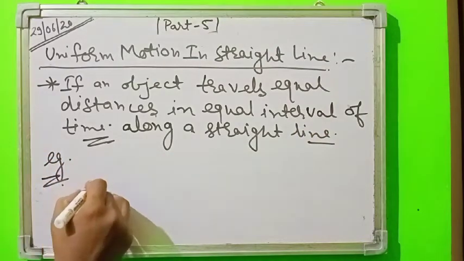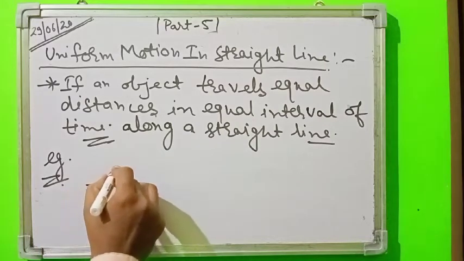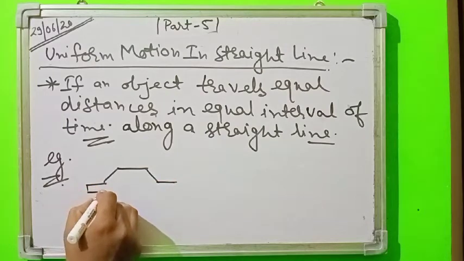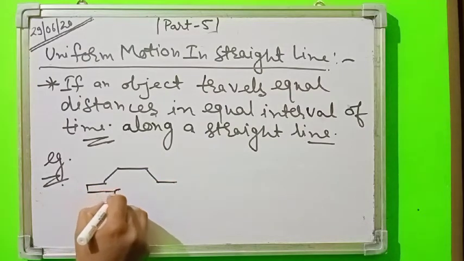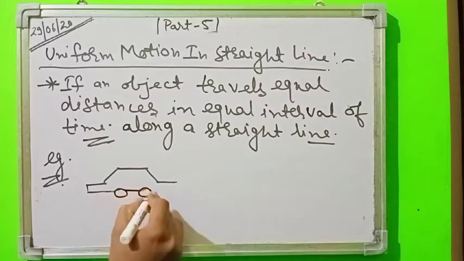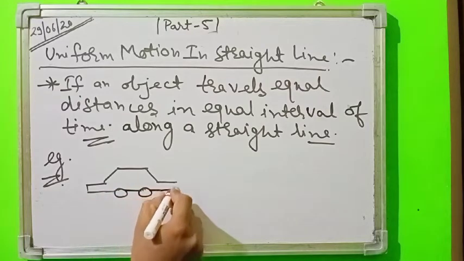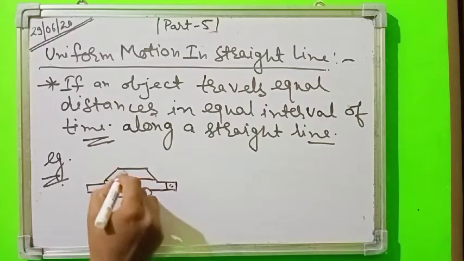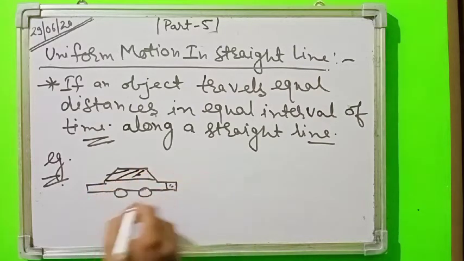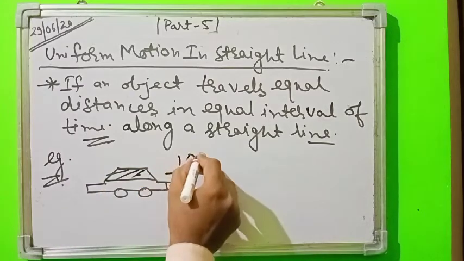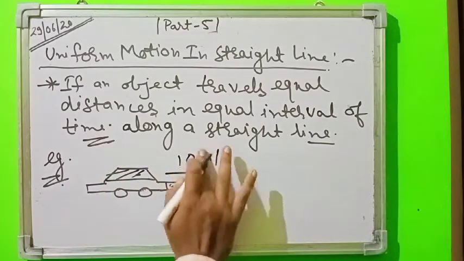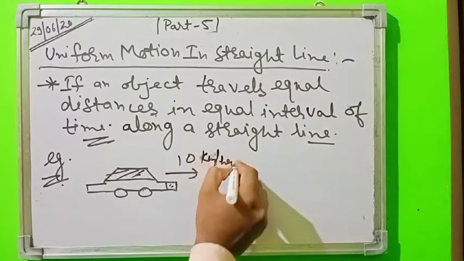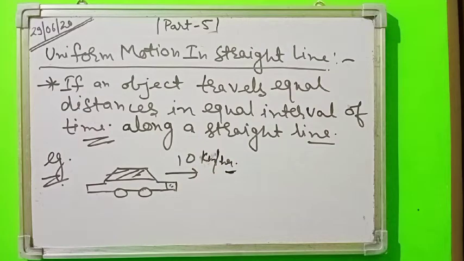there is a car. And this car is running at 10 kilometer per hour.